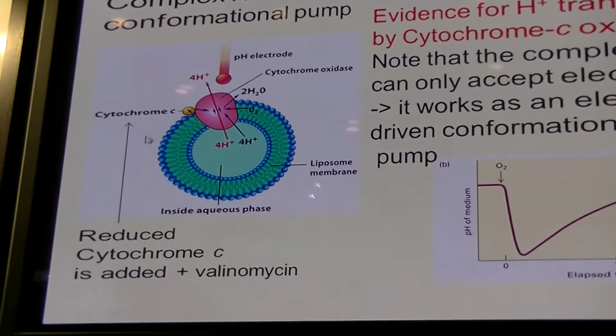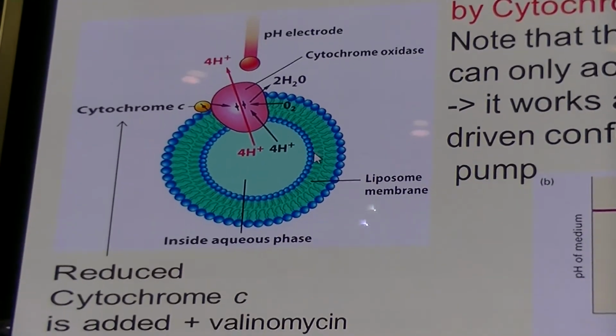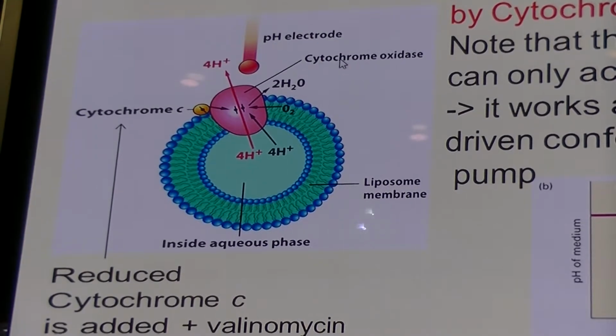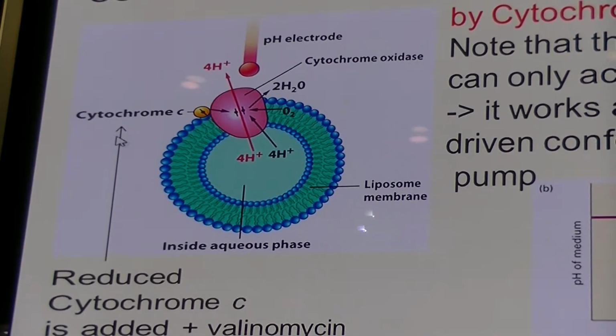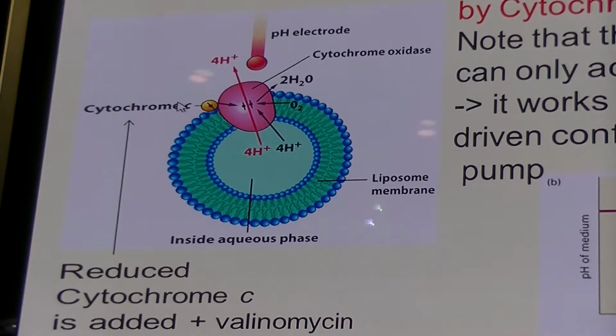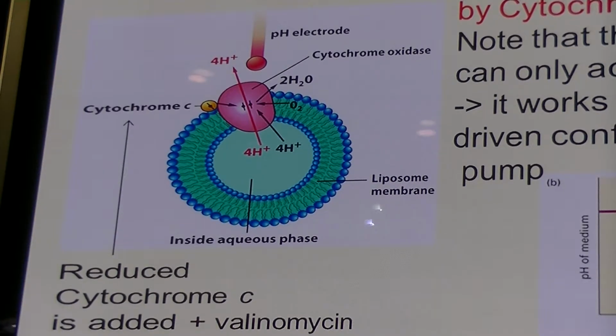You can obtain cytochrome C oxidase, put it in a vesicle, and if you give reduced cytochrome C, so that cytochrome C has to be reduced, then the cytochrome C donates electrons to this complex. Ultimately, this leads to the reduction of oxygen to water. That takes 4 cytochrome C electrons, so 4 reduced cytochrome C proteins have to come in.